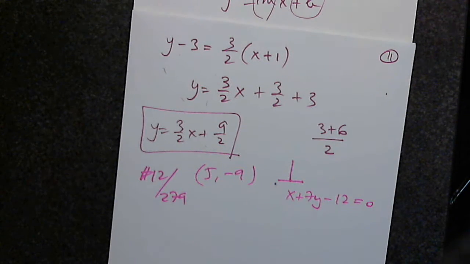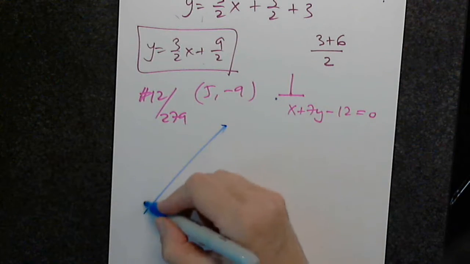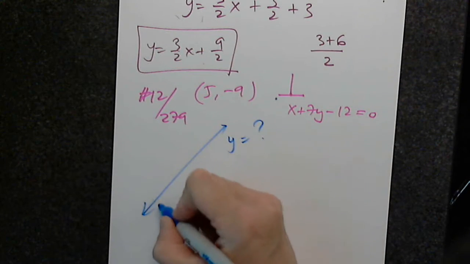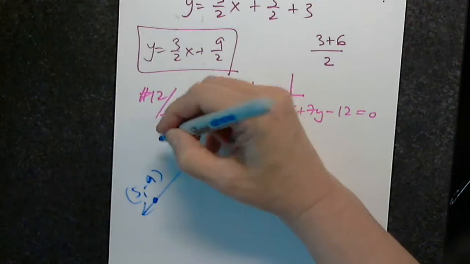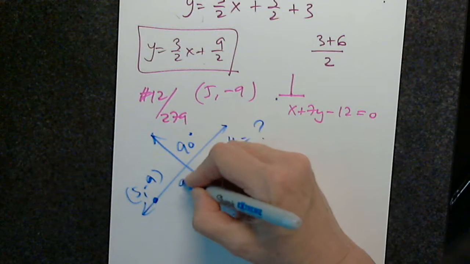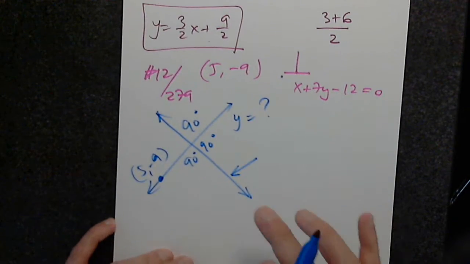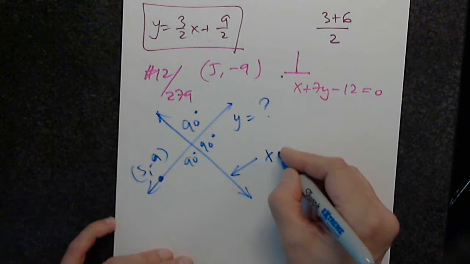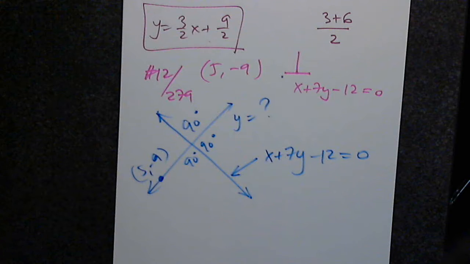So here is what we have to do. This is a line whose equation I don't have. I know it passes through 5, -9, and is perpendicular, 90 degrees, to this line whose equation is given, x plus 7y minus 12 equals 0.